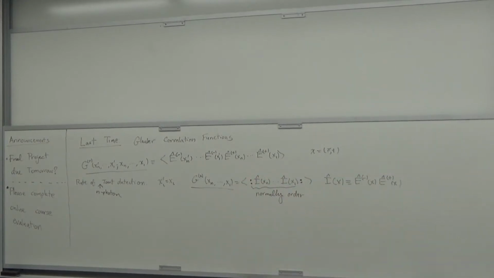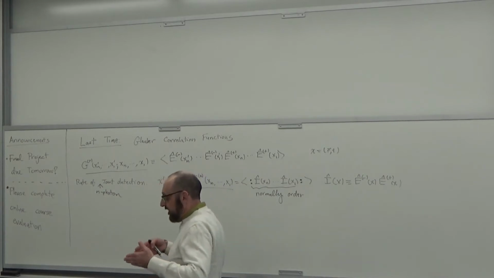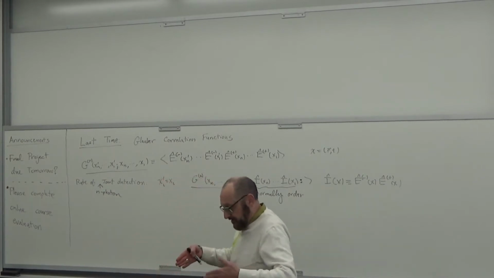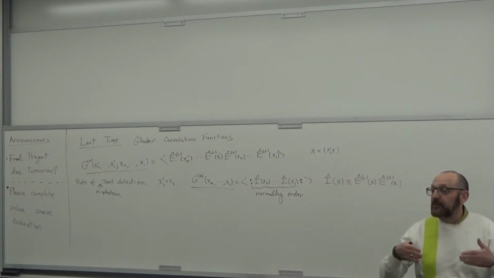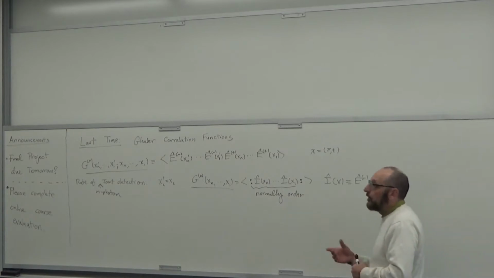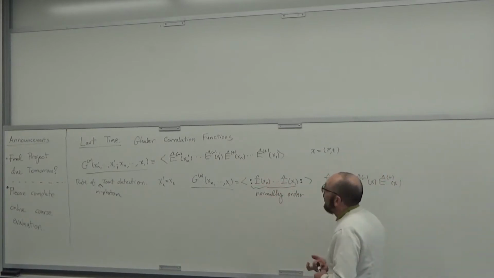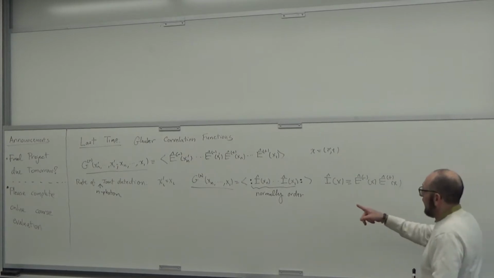So whereas classically, if we're thinking about correlating the photocurrent associated with n photodetectors, we would just mix those n photocurrents together and look at the correlation between the photocurrents. In the quantum theory, what we have are these normally ordered products of the intensity operator.